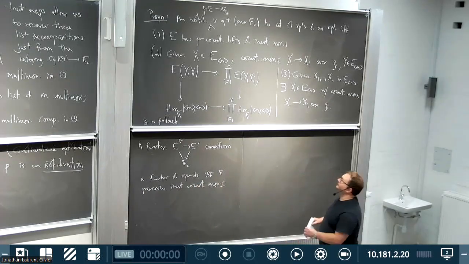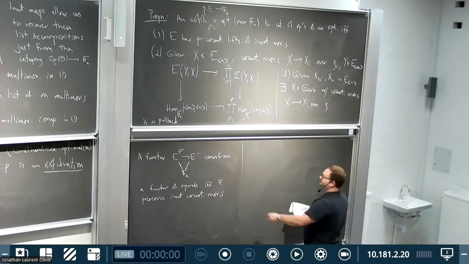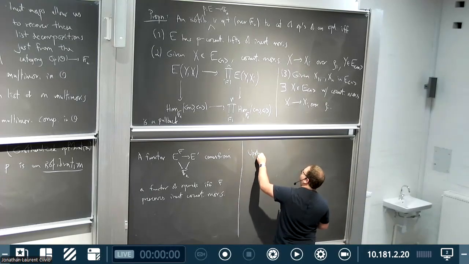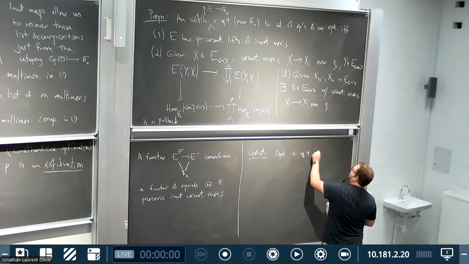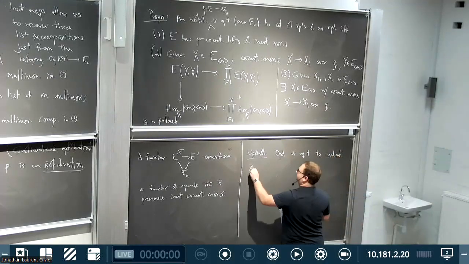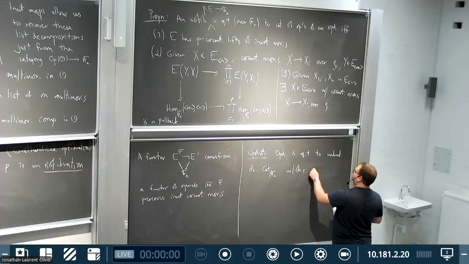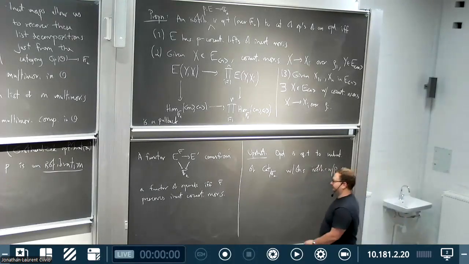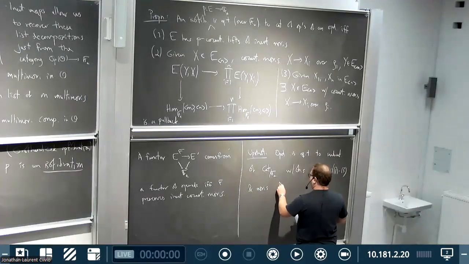So I'm really out of time. The upshot of this is that I can identify the category of operads with the subcategory of those objects satisfying conditions 1 to 3, and morphisms preserving the inert Cartesian morphisms.